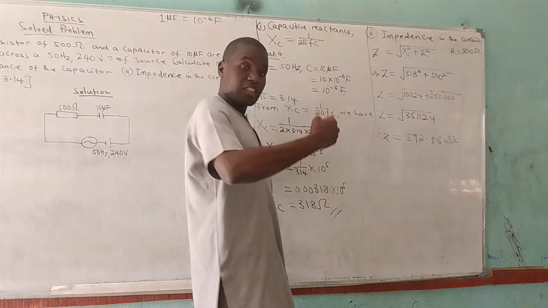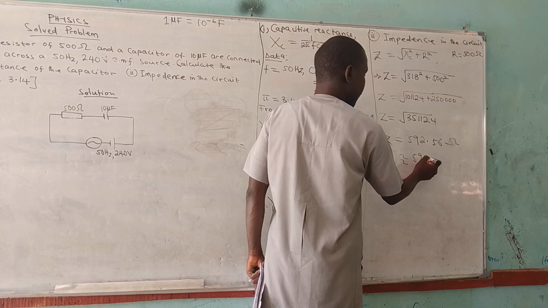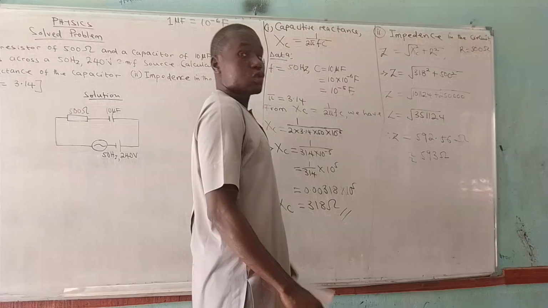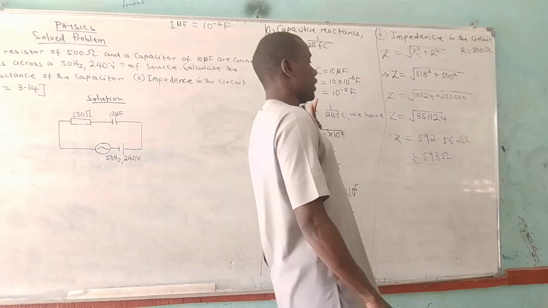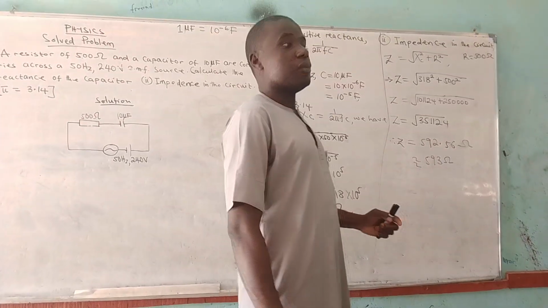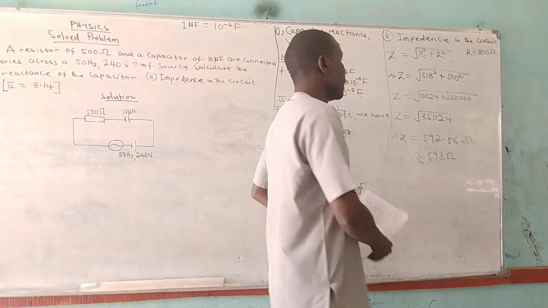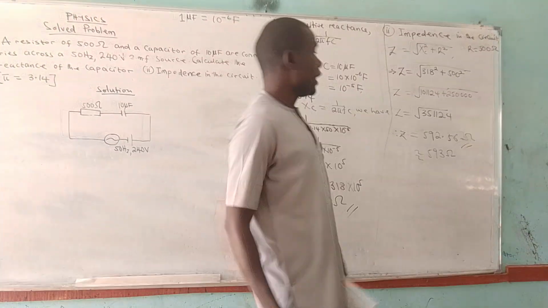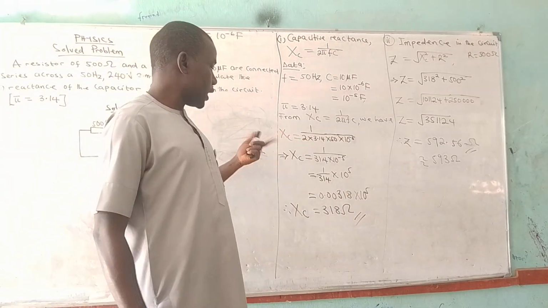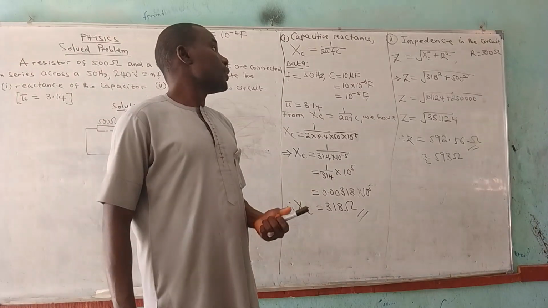Then the approximation is 593 ohms to the nearest whole number. Since we have not been asked to leave it to the nearest whole number, you can leave it like this. Understand? So in any problem like this, it is very understandable if you do it step by step. Thank you very much.